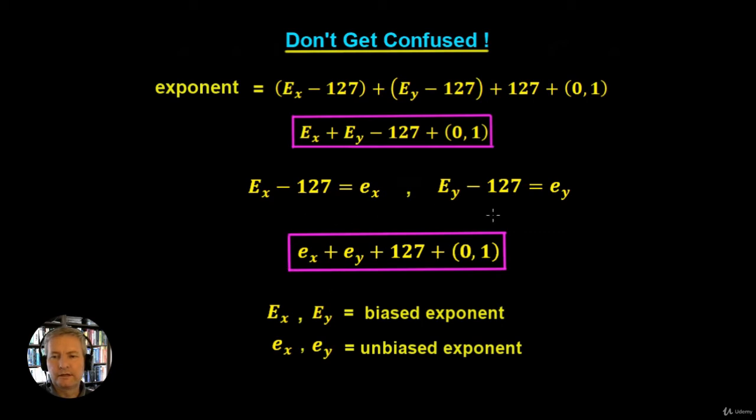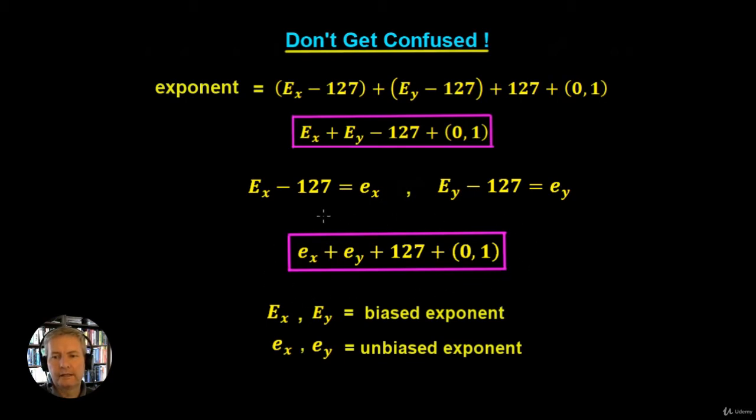So it means that it's slightly different. This one here says that we take the ex plus ey plus the 127, that's the bias, and this one is ex plus ey minus the 127. Now whenever I'm working through my workings on my program in Excel VBA, I'll be using the second option here.